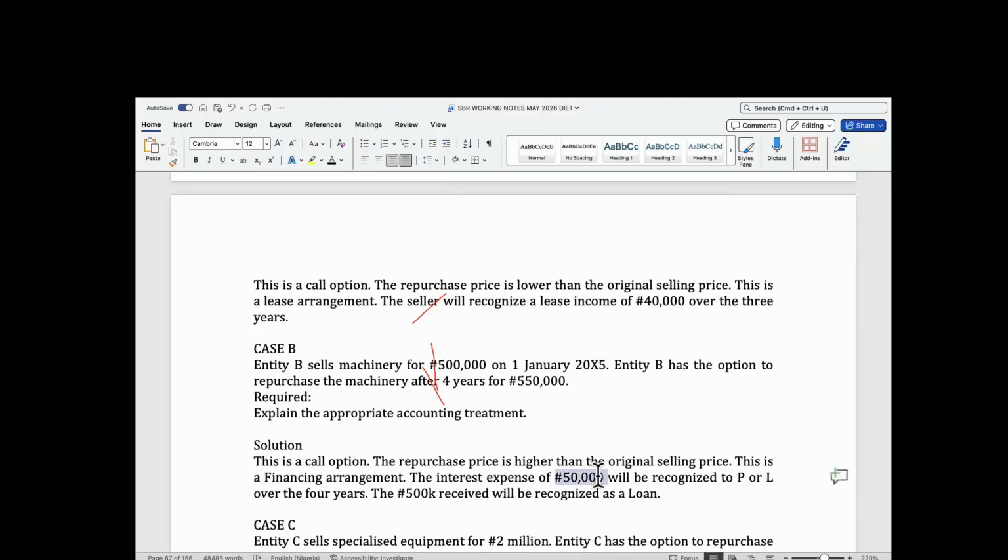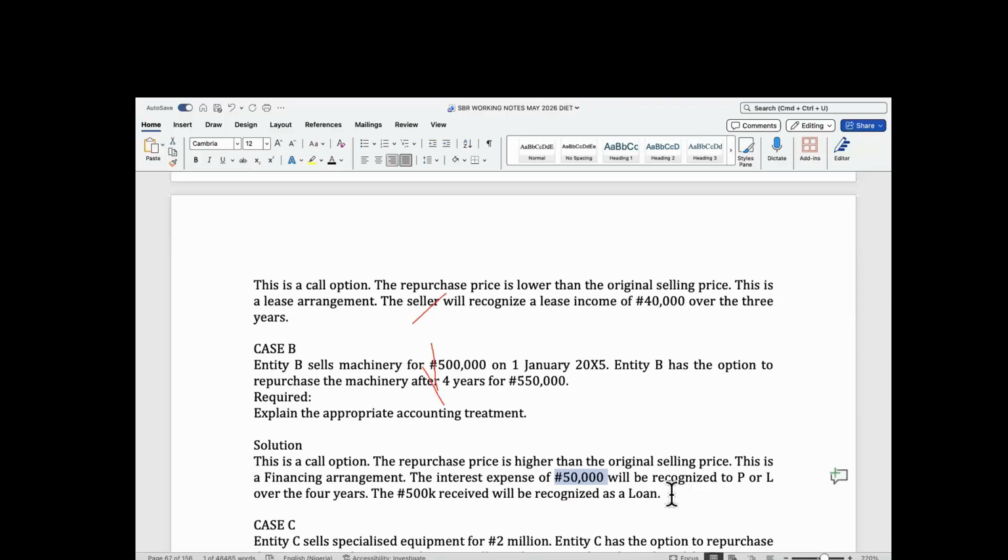What about the expense that is recognized to P&L over the 4 years? How would you do that? Okay. We'll recognize it gradually, like how we did the lease income. So what we'll do is debit P&L with interest expense and credit the loan, because it will increase.